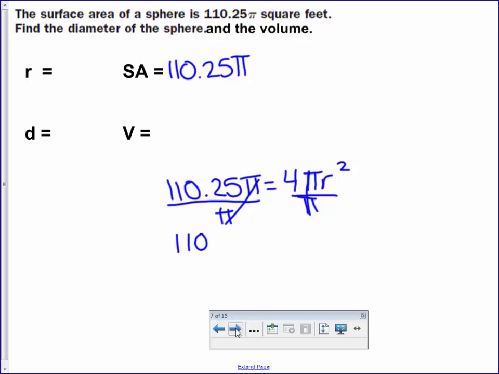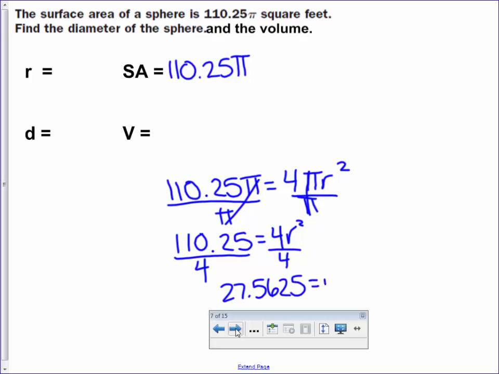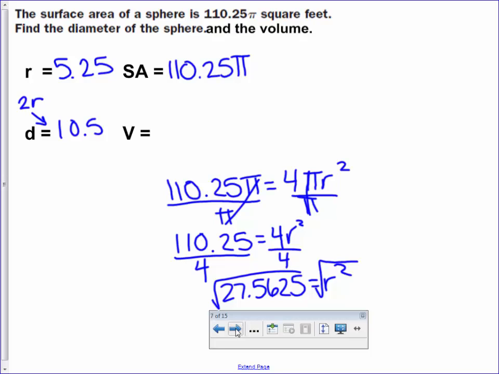So you get 110.25 equals 4r squared. Divide out by 4. And you get 27.5625 equals r squared, and you should know how to get rid of the square. It's just the square root. So now you should get the radius to be 5.25, which then makes the diameter 10.5 because we are going to double the radius to get the diameter.